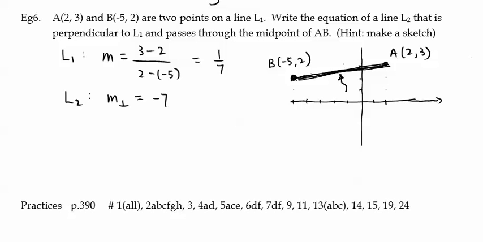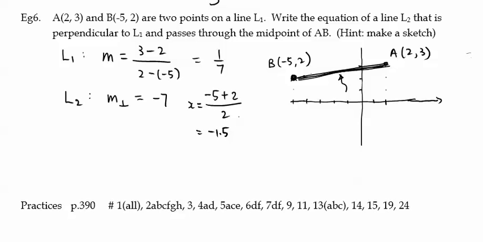When we are now working with the midpoint, the midpoint will consist of the x-coordinate and the y-coordinate. You want to take the average of the x-coordinate and the y-coordinate one at a time. For the x-coordinate, negative 5 and positive 2, take the average. That's negative 1.5.